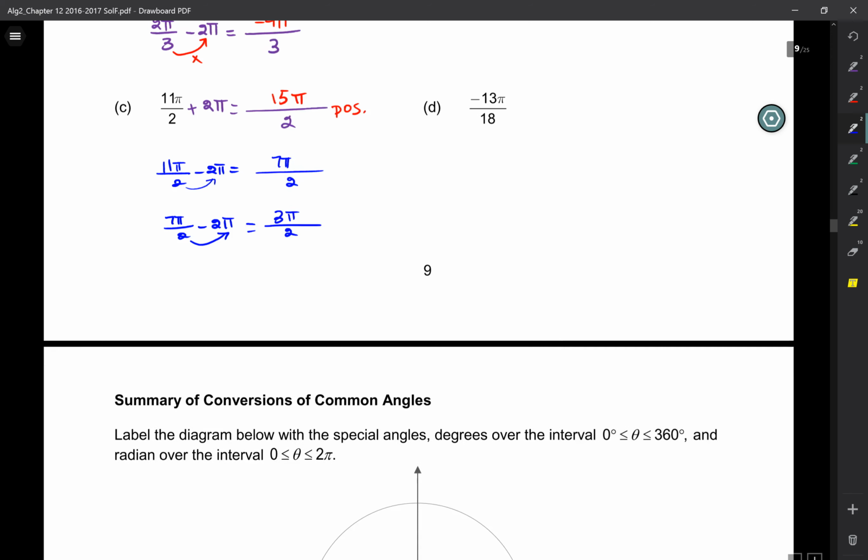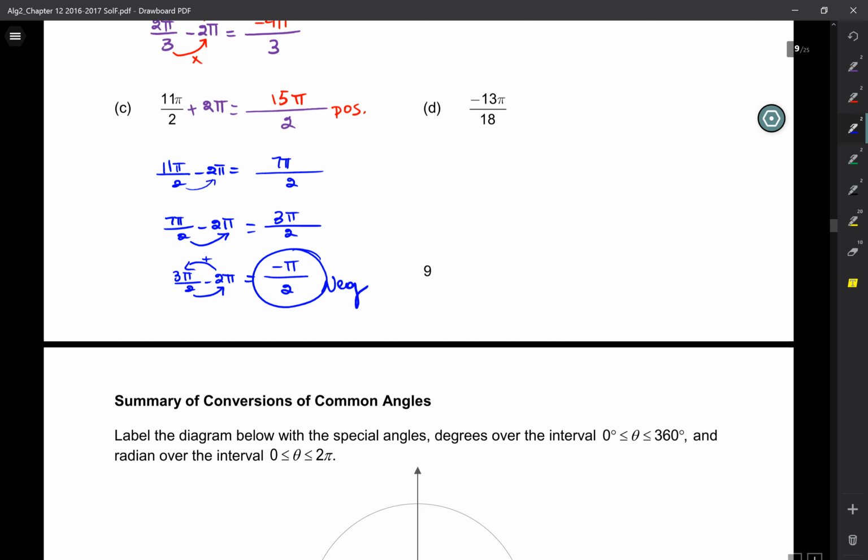That's still not negative. Let's do it again. Negative 4 pi plus 3 pi, negative pi over 2. And that is my negative one.